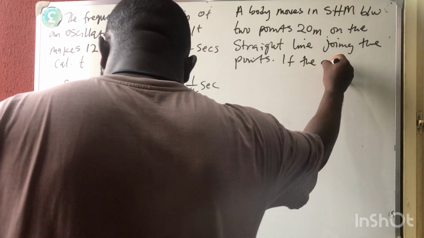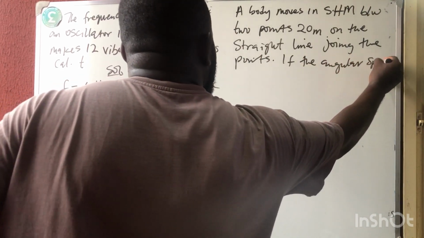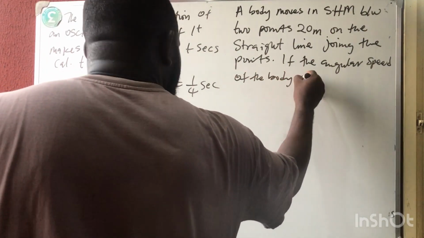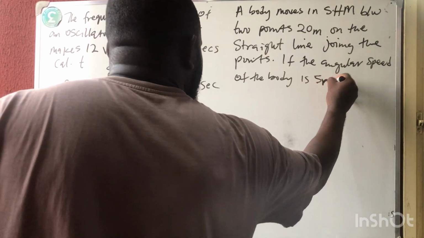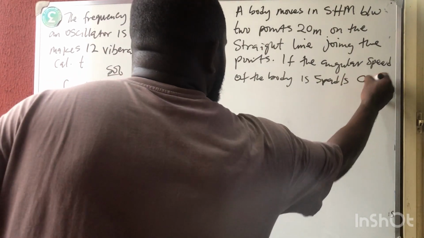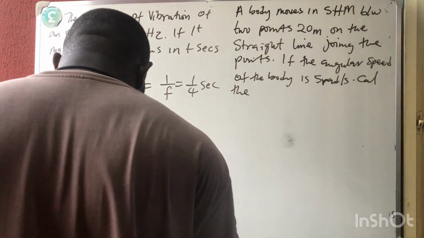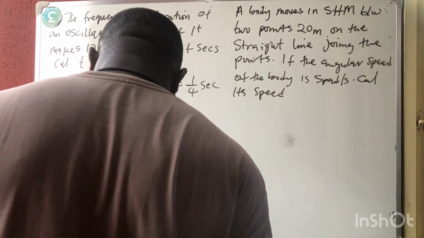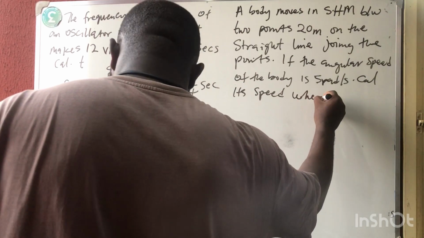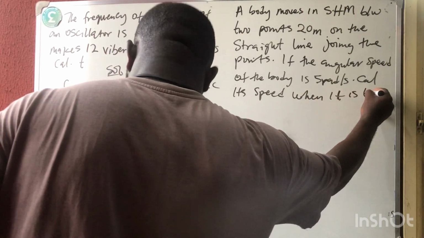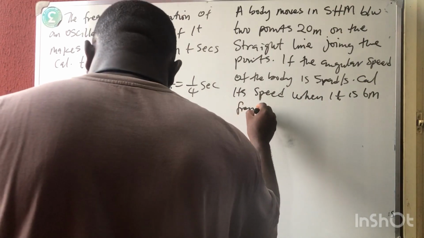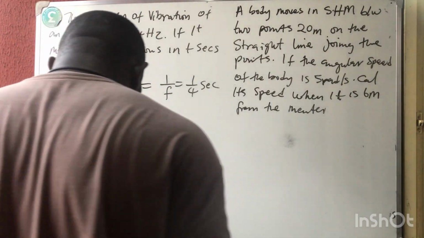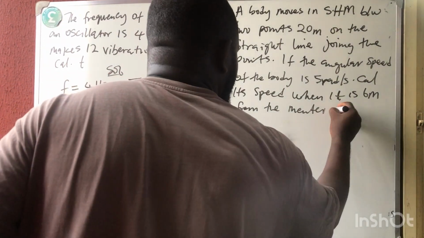If the angular speed of the body is 5 rad per second, calculate its speed when it is 6 meters from the center, from the center of the motion.